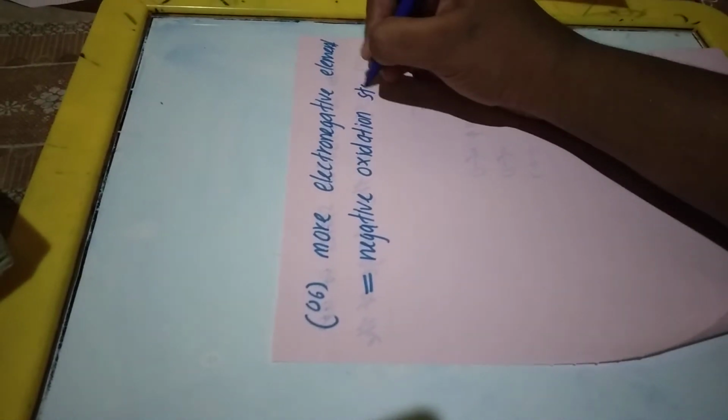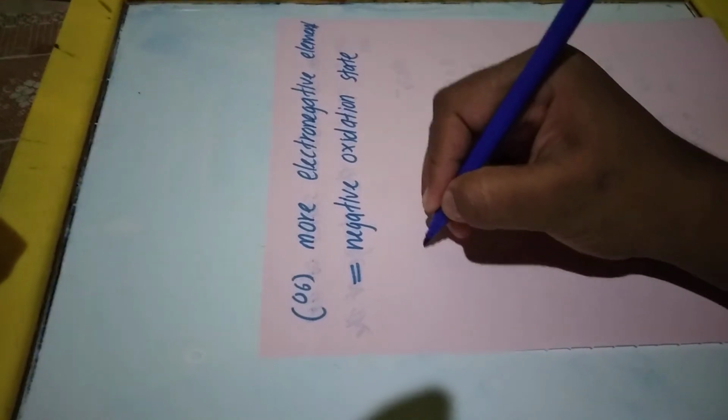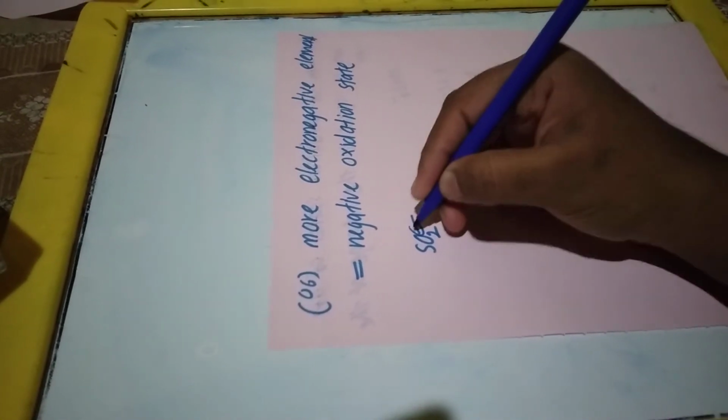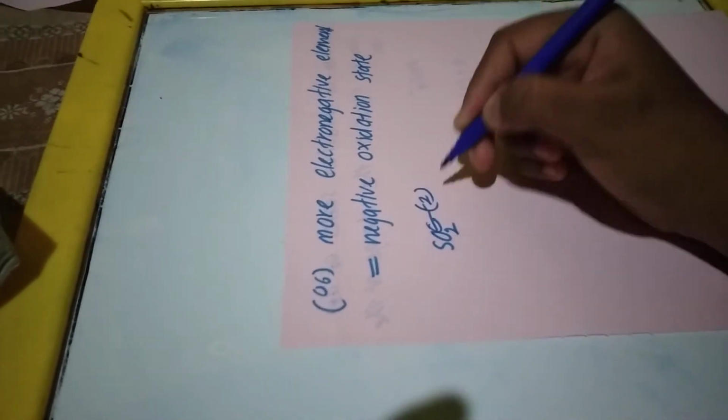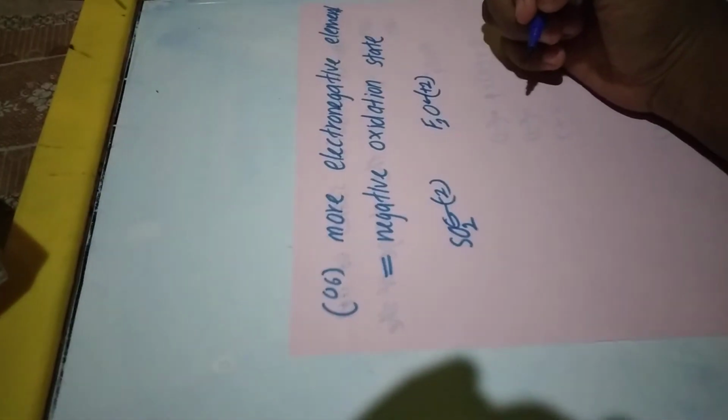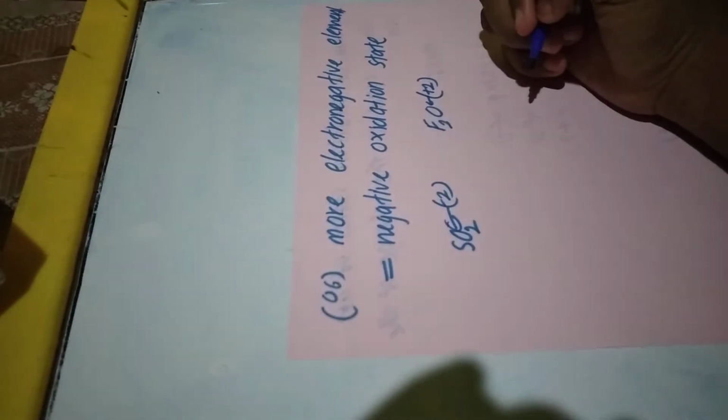If you take sulfur dioxide, oxygen is the more electronegative element when you compare sulfur and oxygen. Therefore oxygen gets the negative oxidation state -2. But as I told you, in F2O fluorine is the more electronegative element, so it gets the negative oxidation state, and oxygen has to get the +2 oxidation state.